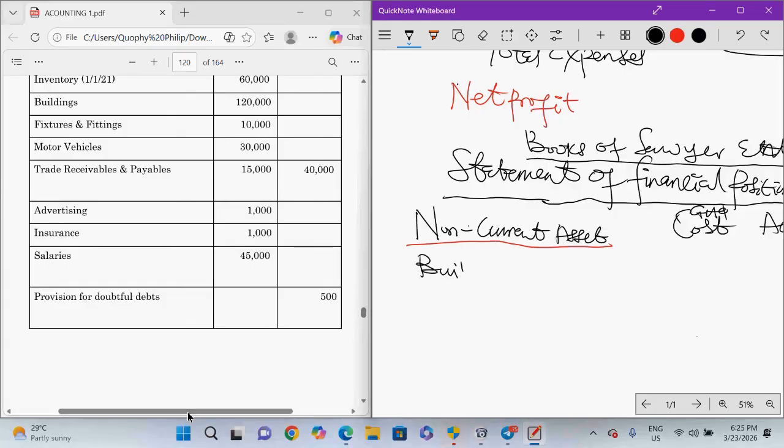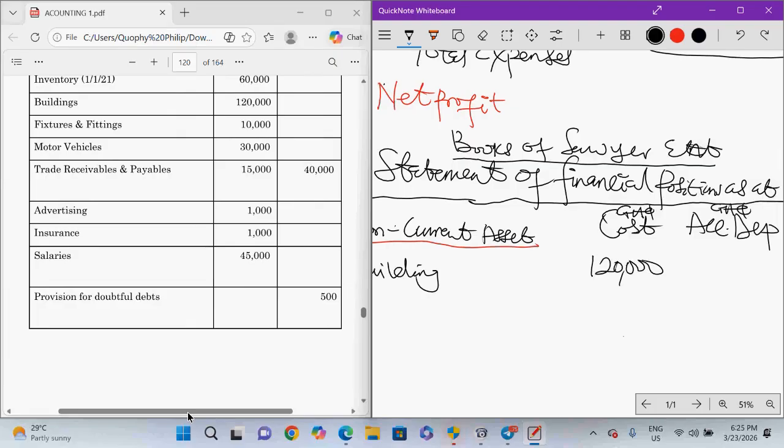Buildings. What did the amount cost for the building? Cost, 120. Depreciation. Sometimes in the question they can give you accumulated depreciation, so you have to add the current depreciation to it, right? They will give you a question with accumulated depreciation.